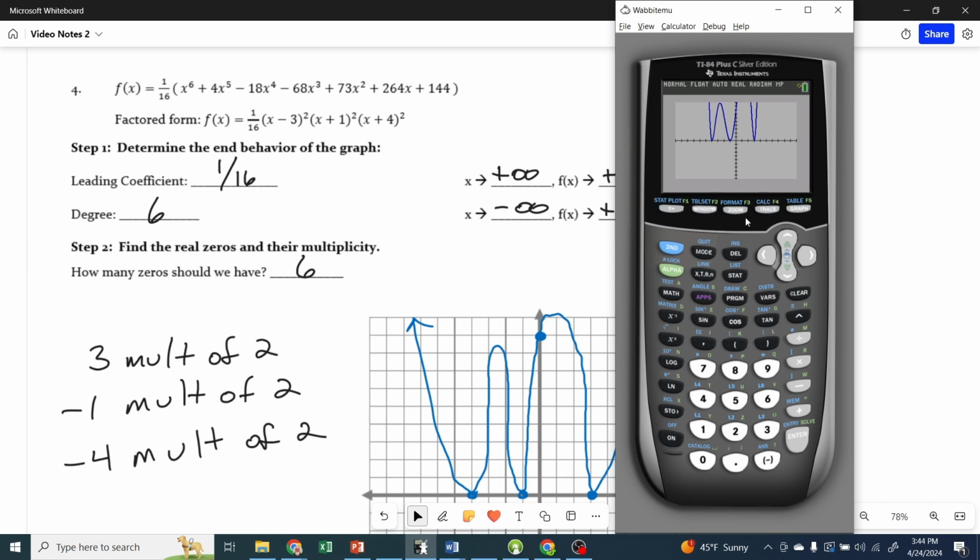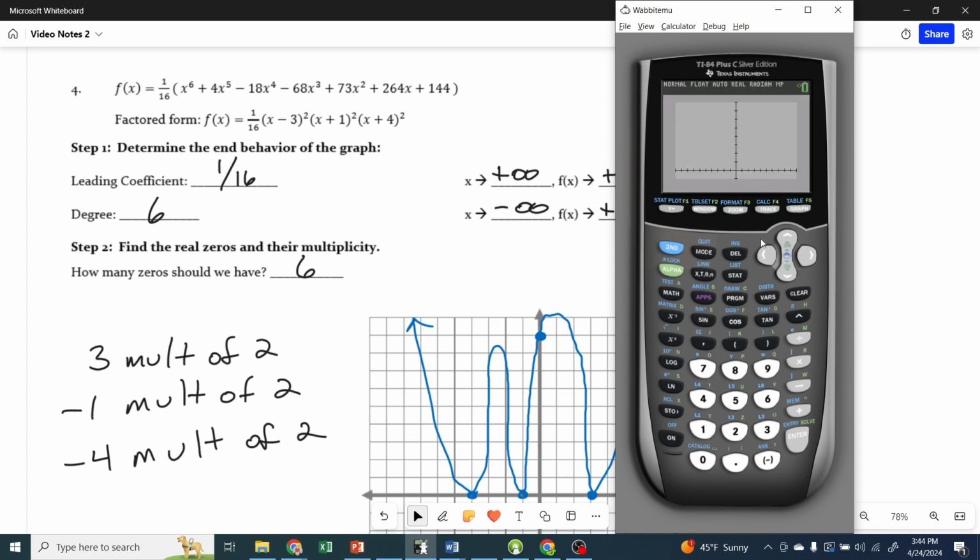Let's adjust our window. And let's do our y minimum to -10. And let's go, I believe, if I remember correctly, we might want to go up to 80. And we'll use our scale being 10.